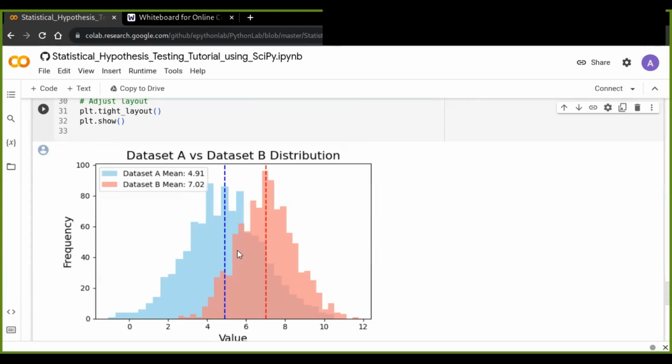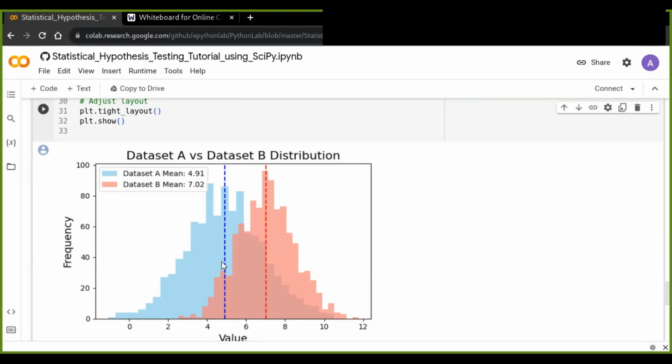So these are the distributions of datasets A and B, so we can understand which dataset has higher values by comparing the two. From this comparison, we can conclude that the average value of dataset B, or the mean of dataset B, is higher than that of dataset A, because the mean of dataset B is 7, but the mean of dataset A is 4.9.